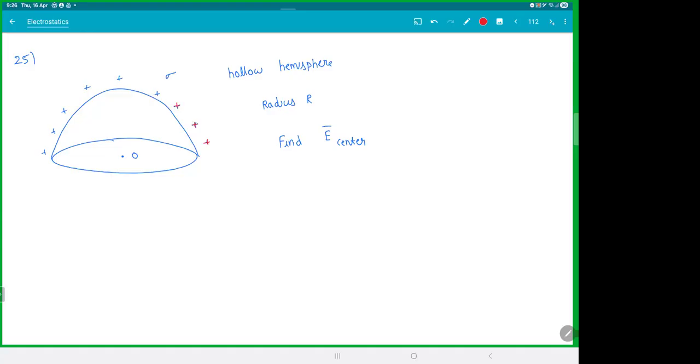So we have a uniformly charged hemisphere. Hollow hemisphere. Sigma is your surface charge density. O is your center.